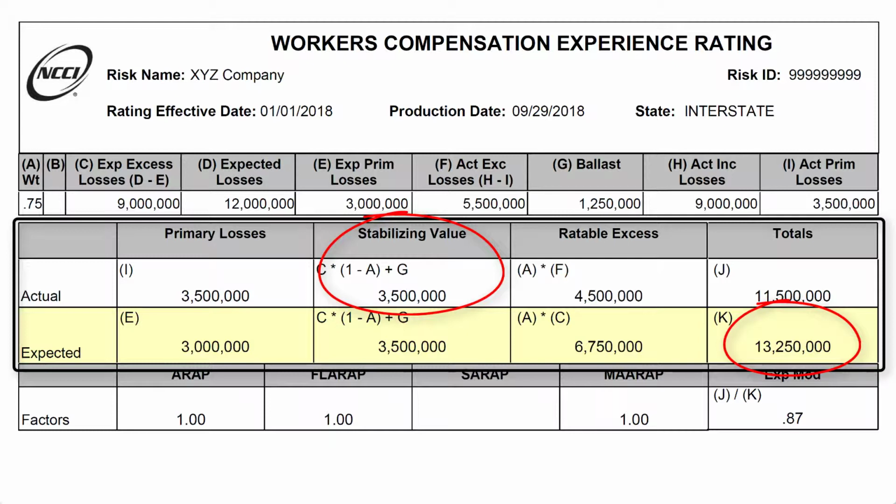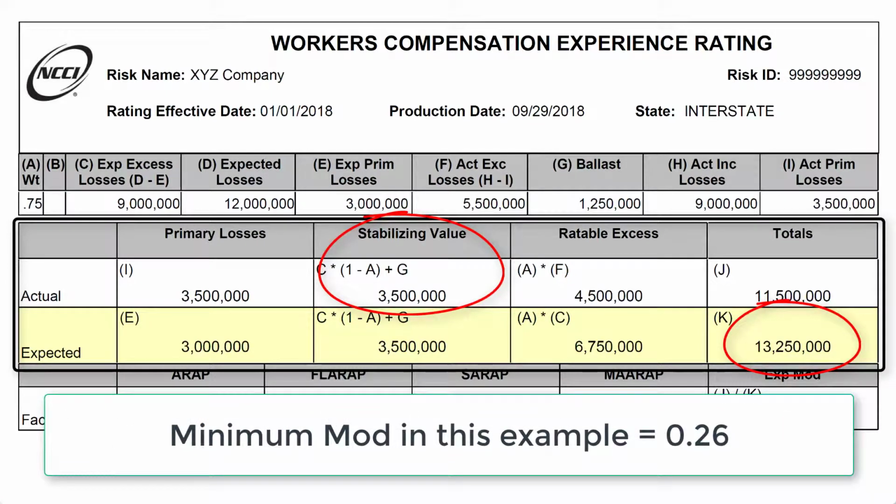In order to calculate your minimum mod, or your lowest possible mod, also known as the mod that you would have had if you had 0 injuries, so the mod you would have if you have 0 injuries and 0 claim costs, you take that stabilizing value over your expected totals. Stabilizing value over your expected totals.